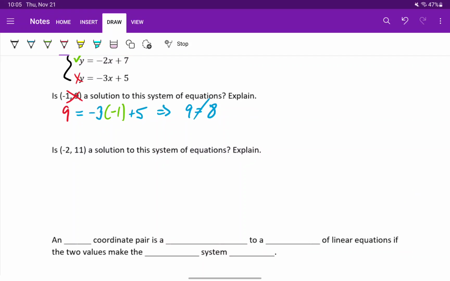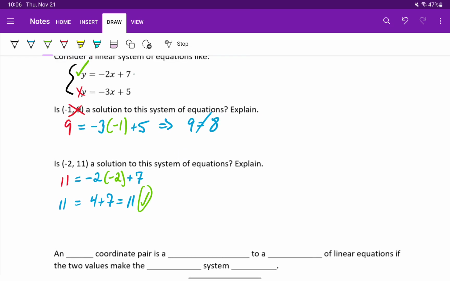Now we'll consider negative 2, 11. We need to test both points, meaning we'll have 11 is equal to negative 2 times negative 2 plus 7, which will give us 11 is equal to 4 plus 7, or 11, which checks out. So negative 2, 11 is a solution to the first equation.